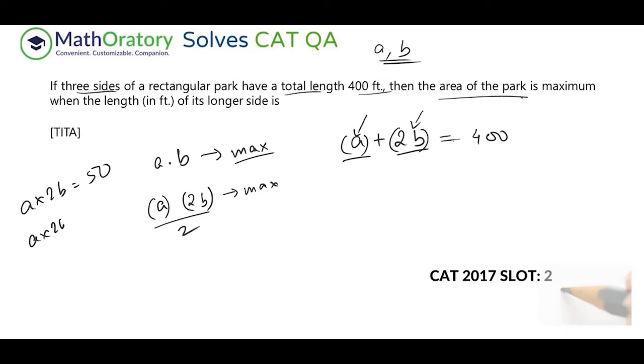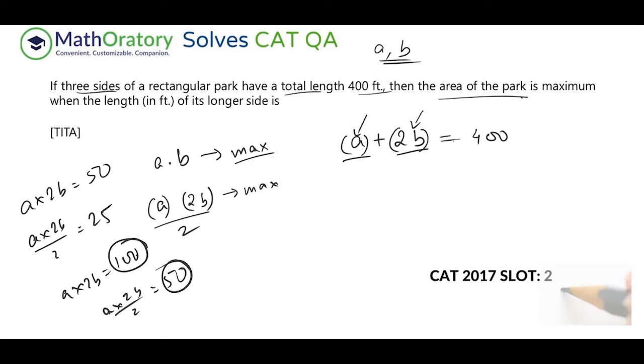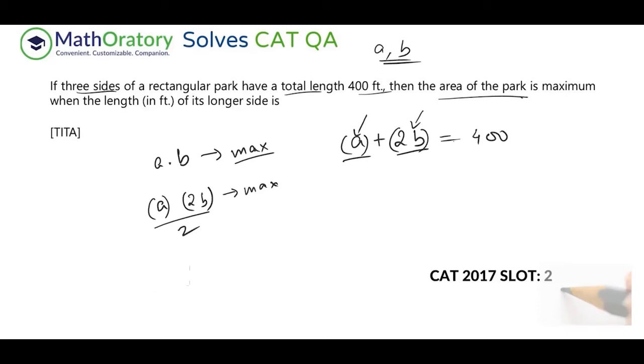Then A into 2B by 2, that is A into B, is 25. But when A into 2B is 100, then A into 2B by 2 is 50. So as this increases, this also increases, isn't it? This should come to you intuitively. So if I have to maximize A into B, I can maximize A into 2B as well. That is what we are trying to maximize here. So let us focus on this part.